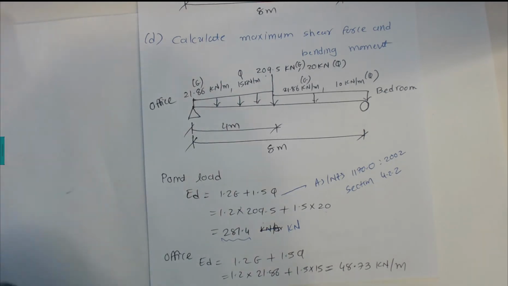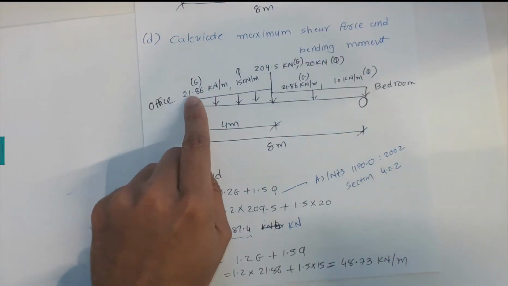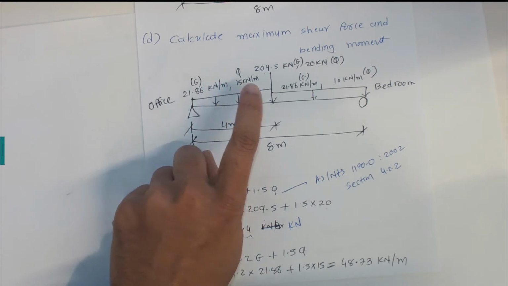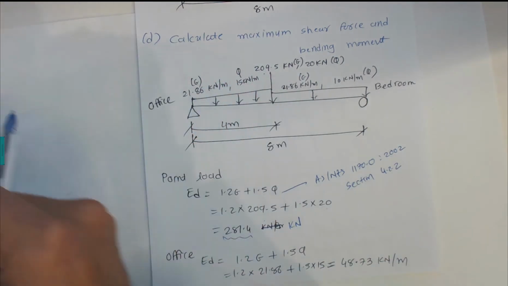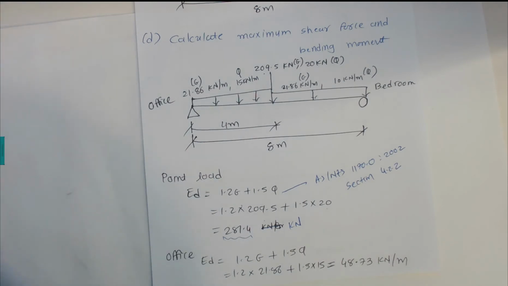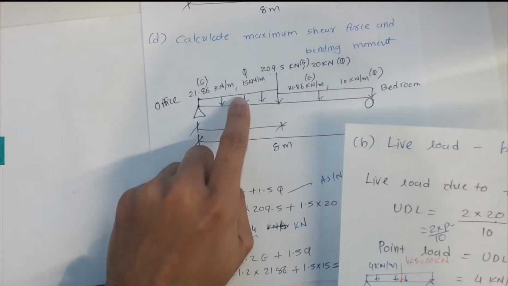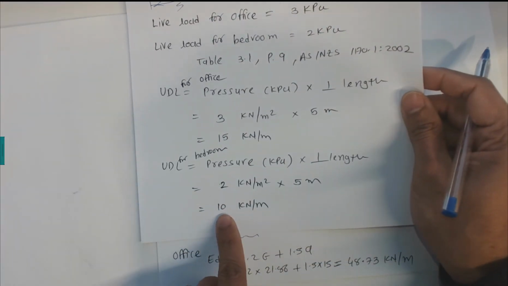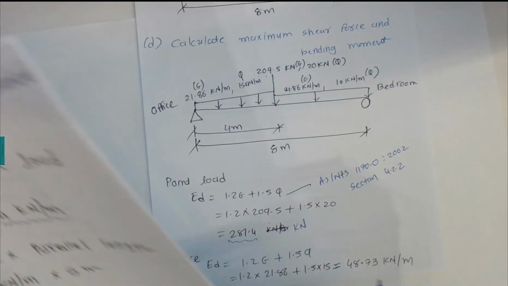21.86 in the previous video, so that is 21.86 for both office and bedrooms. Then we also calculated the live loads: office live load 15 kilonewton per meter, and bedroom live load 10 kilonewton per meter.